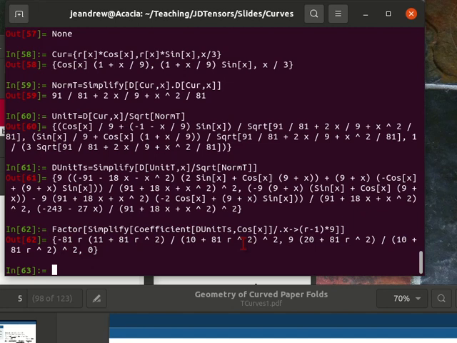For each component, I get whatever was in front of cos simplified, and you can go back and you can check that derivative of the unit tangent vector was found there. And then I basically did the same thing for sine, and then I got the coefficient in front of sine, and then what I did is I set both sine and cos to 0 in here, and then I got whatever remained.